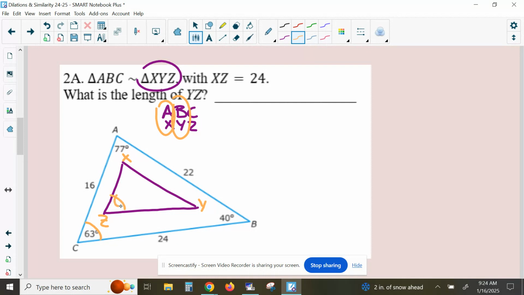So let's put a 63 right here. Put your other matching angles in there then. Up at the top, you have a matching angle, right? So the top is what? This is 77, so what's this? 77. If this is 40, then what's this? 40. And remember, the insides always have to add up to be 180, right? And they do.